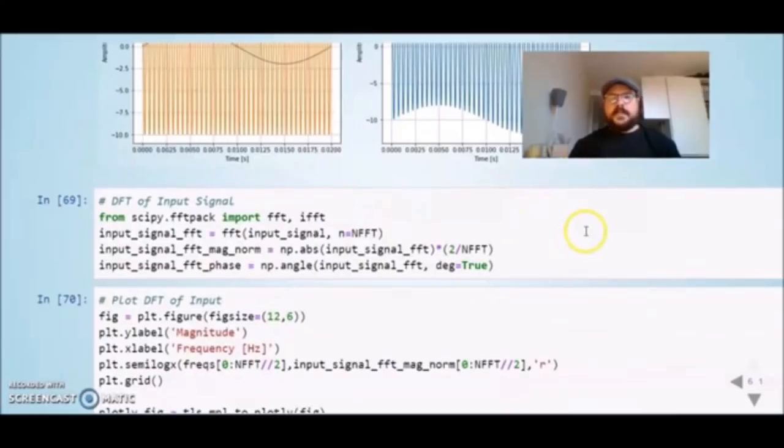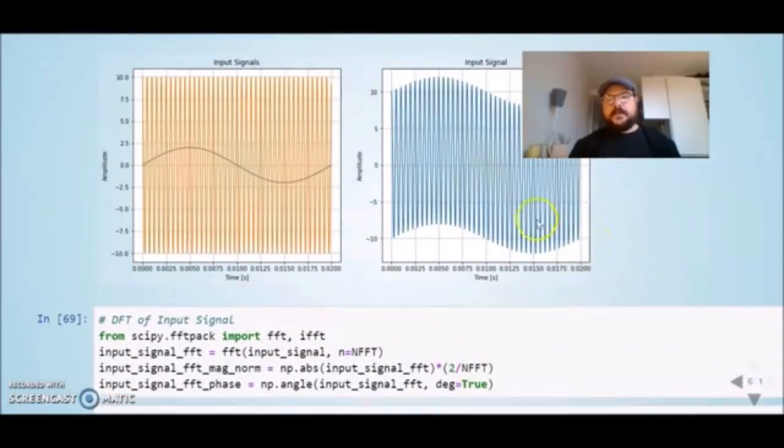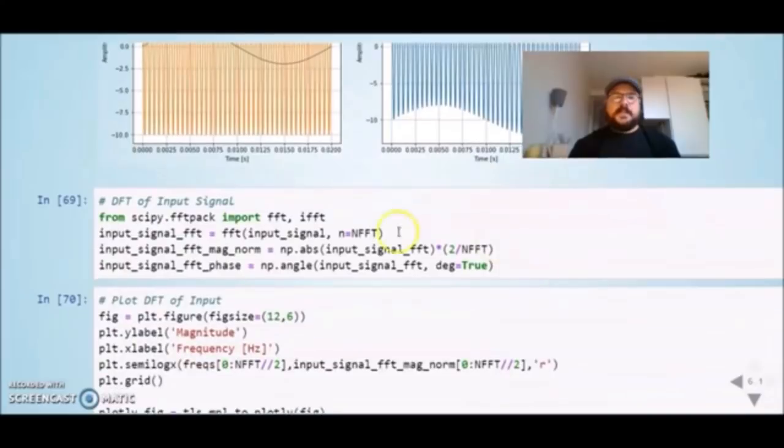Then we will take the FFT of this input signal, and here I'm using 2 to the power of 16 as the number of FFT points. I'm calculating the magnitude, compensating here for the number of FFT points and the negative frequencies.